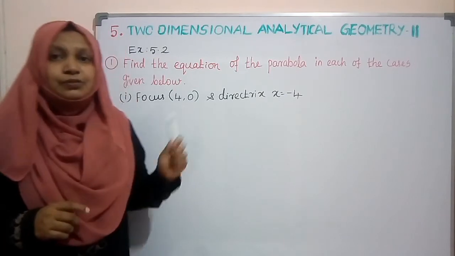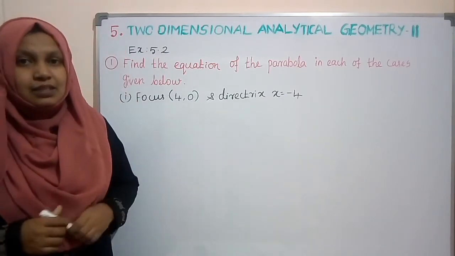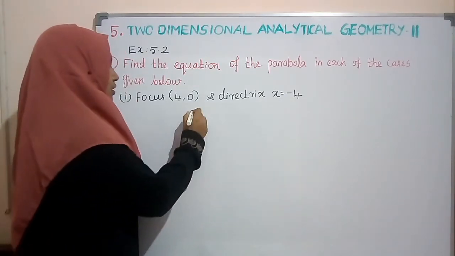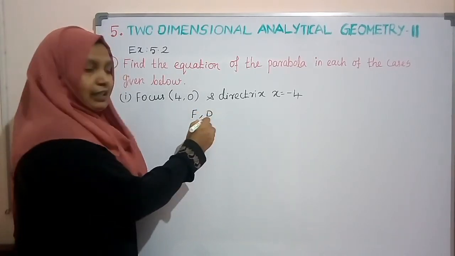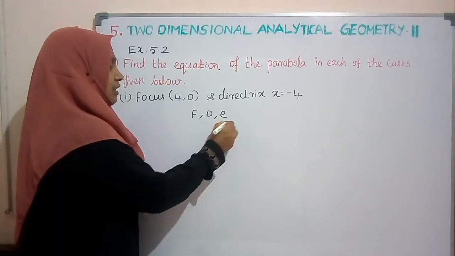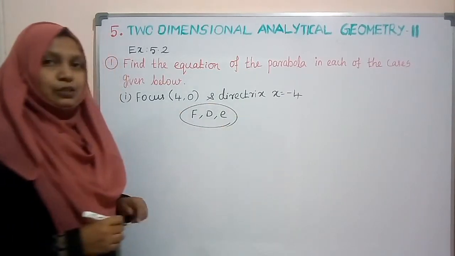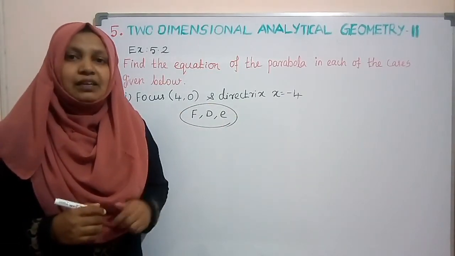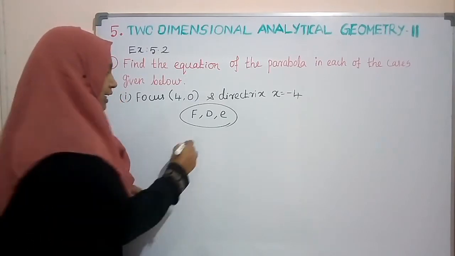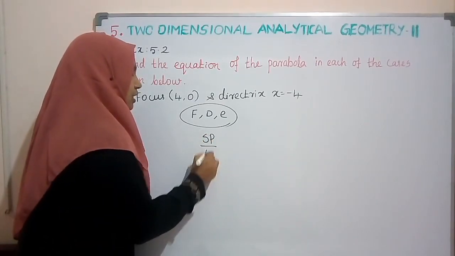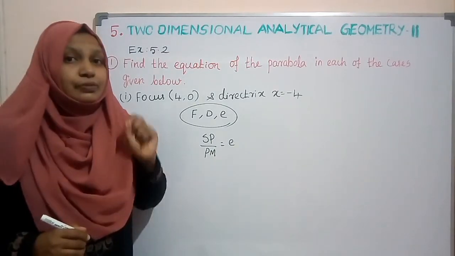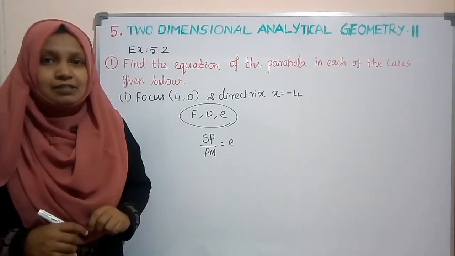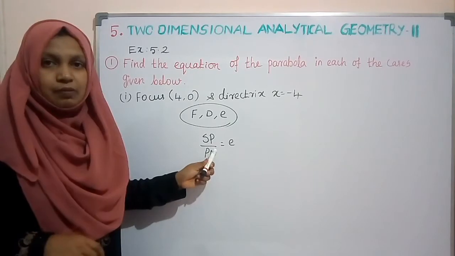If they are given the focus, directrix and also eccentricity, focus is F, directrix I am writing here D, and eccentricity is E, we can use the formula SP by PM is equal to E. If they are given focus, directrix and eccentricity, we can make use of this formula.